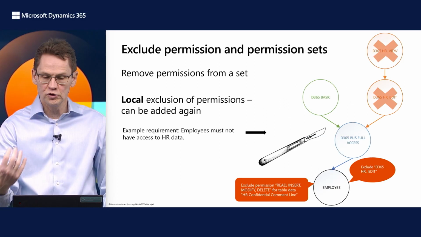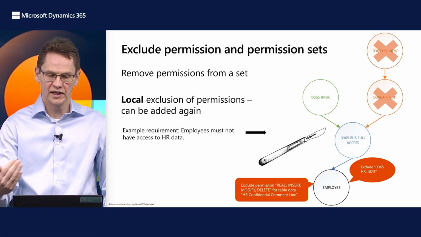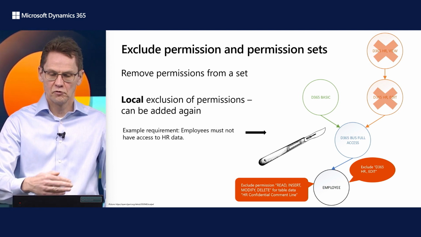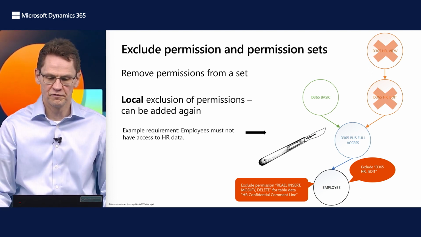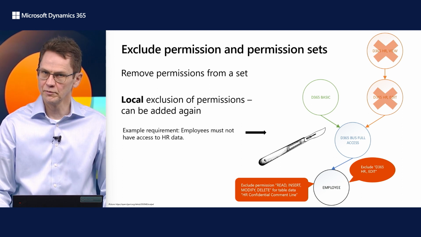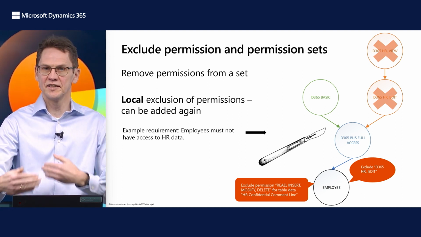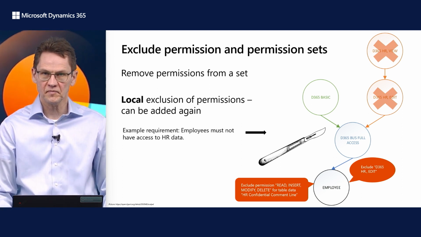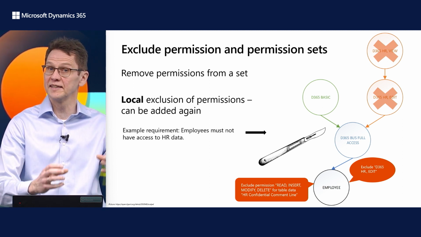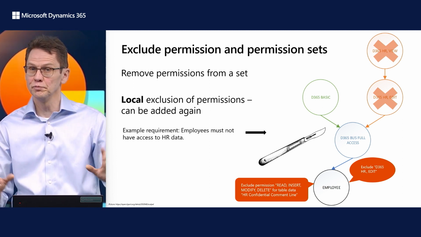So he excludes that, and then he even excludes the rights for the HR confidential comment line table. So he adds this exclusion. Now, of course, if this employee then gets both employee and super, then he can get those rights from the other permission set as well. So it is local to this permission set.